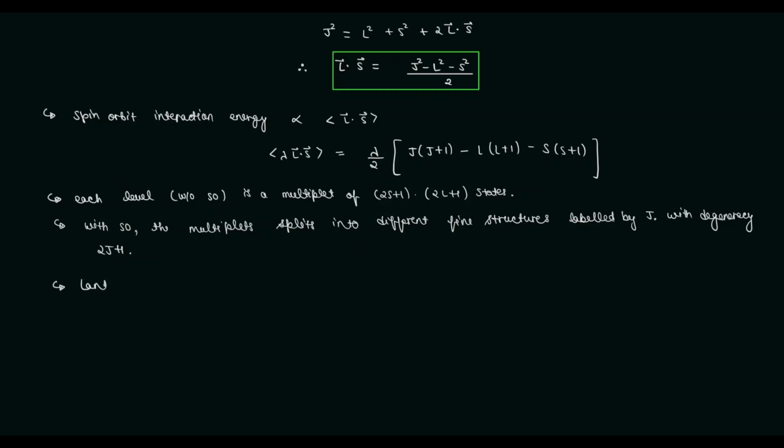The splitting of different fine structure levels follows a relationship known as Lande's interval rule, which says that the splitting between J and J minus 1 levels is proportional to J.